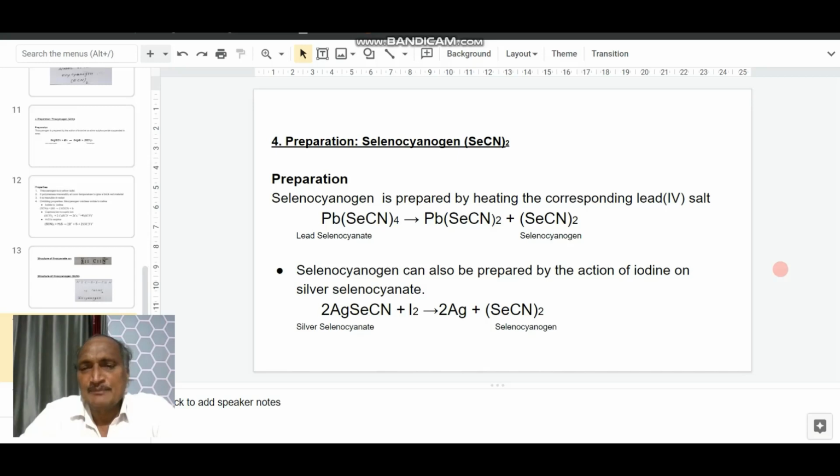Selenocyanogen can also be prepared by the action of iodine on silver selenocyanate as follows. That is, 2 moles of silver selenocyanate treating with iodine forms selenocyanogen with the formation of silver iodide.